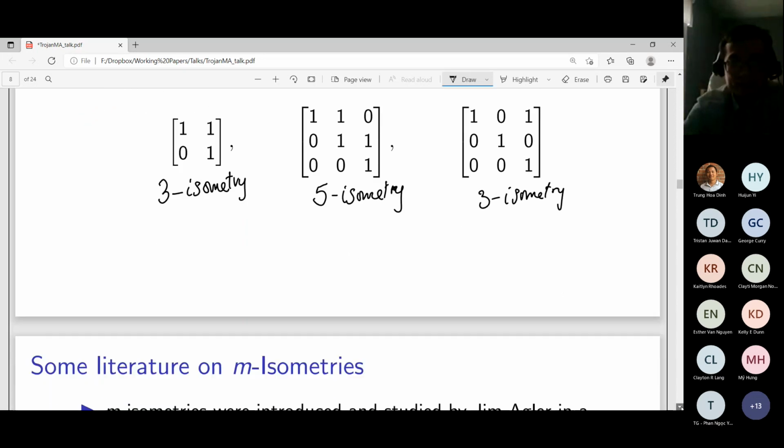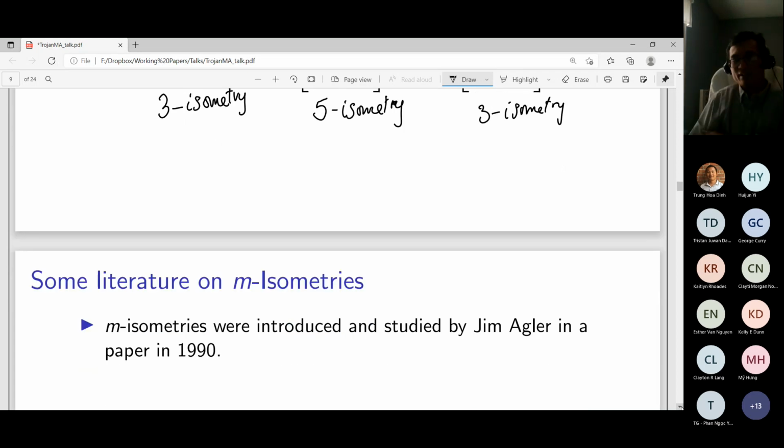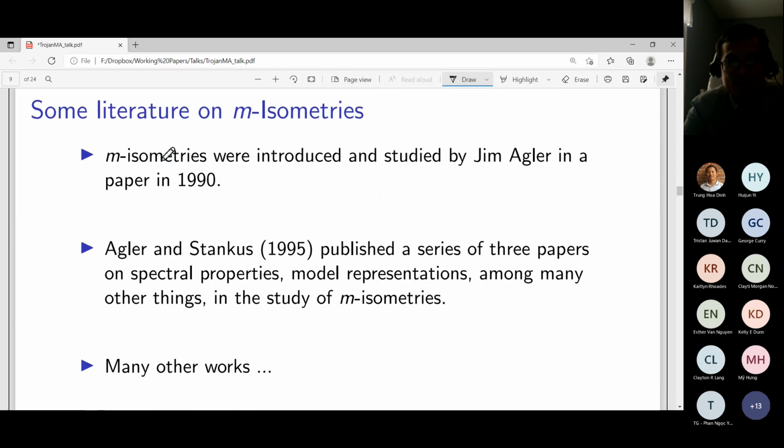So moving forward, let me just tell you some literature on m-isometry. After I got interested and looked at the literature, I found out that people have studied m-isometry for a long time. So m-isometry was actually introduced and studied by one of the well-known operator theorists, Jim Agler, in his paper in 1990.